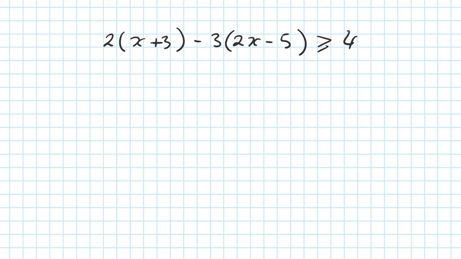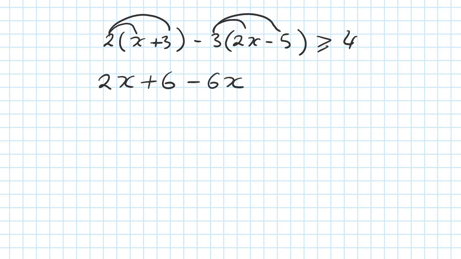Yes, to solve this inequation, first of all I need to remove the brackets. So 2 times x is 2x, 2 times 3 is 6. Minus 3 times 2x is minus 6x. Minus 3 times minus 5 is plus 15, which is greater than or equal to 4.